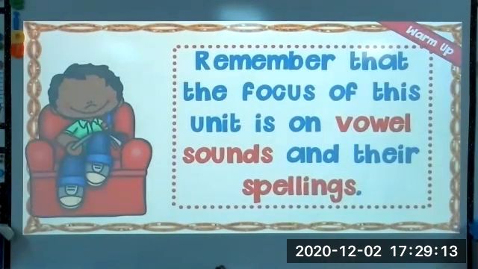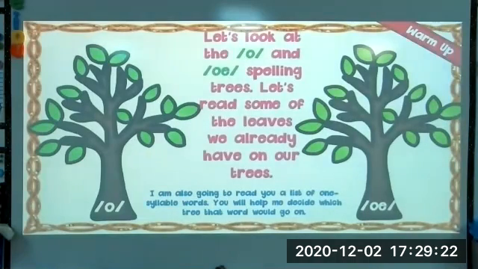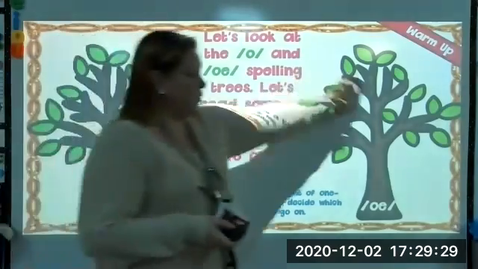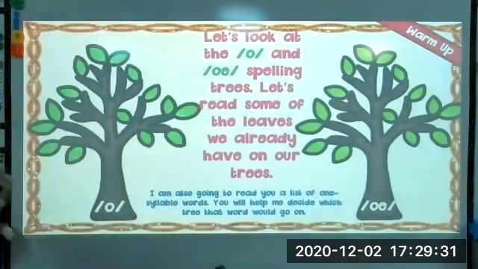Remember, guys, that the focus of Unit 3 is on vowel sounds and their spellings. So we're going to look at the aw. Here's the aw tree and the O tree, okay? And we're going to read some leaves that we already have on our trees.